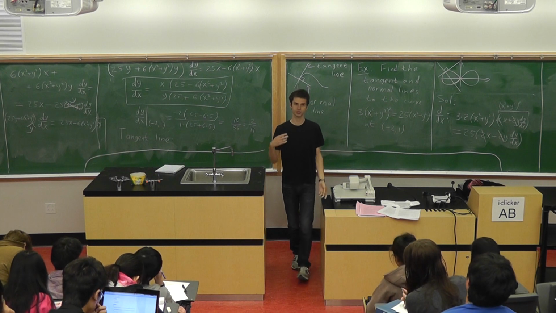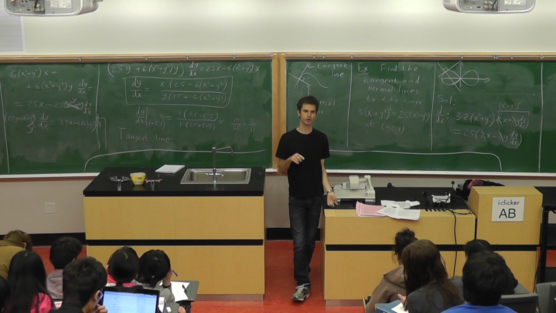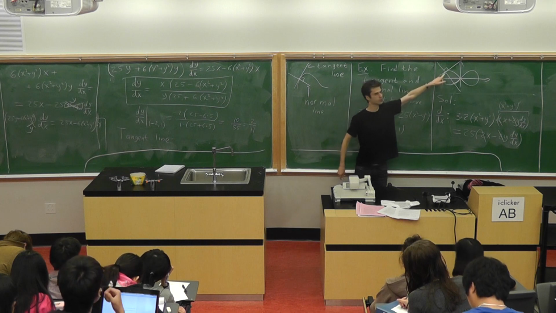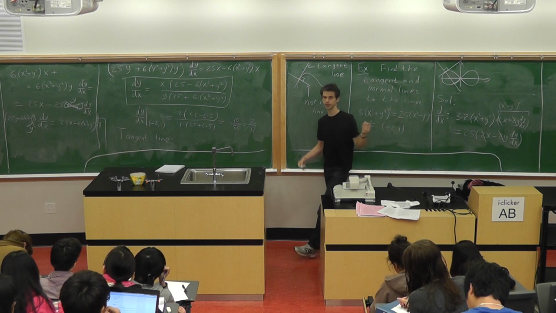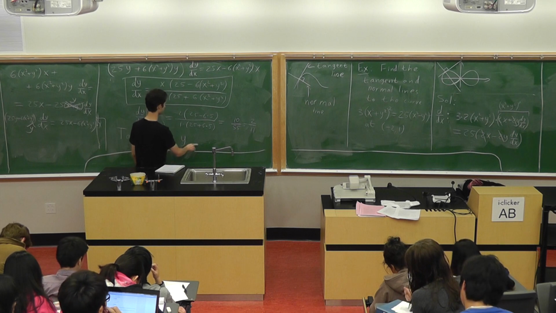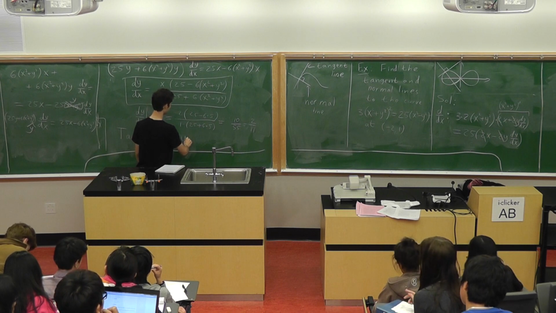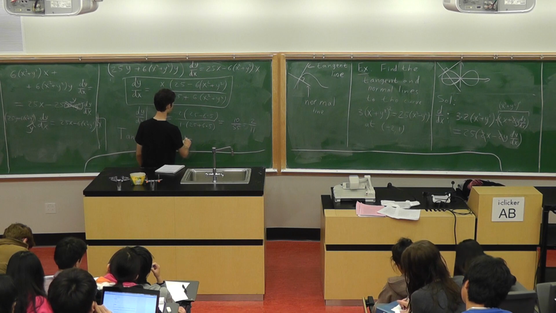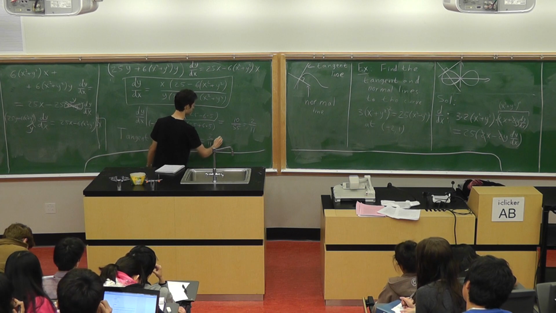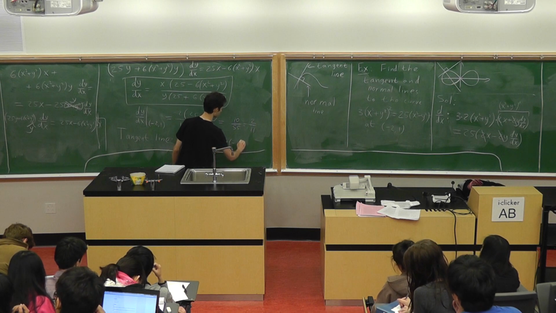Well, I now know its slope, and I also know a point on this line. Of course I do. It's the point at which I'm trying to find the tangent: minus 2, 1. So the line that passes through the point negative 2, 1 and has this slope has such an equation. Difference in y values is the slope times difference in x values.